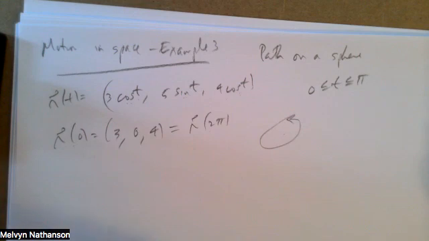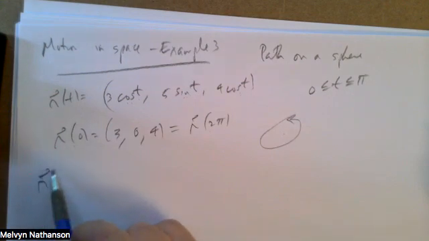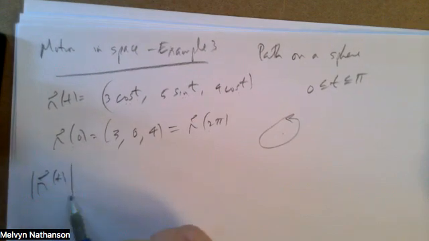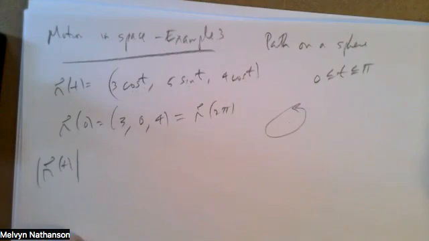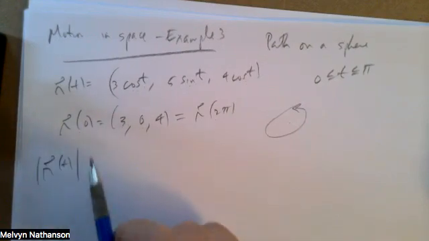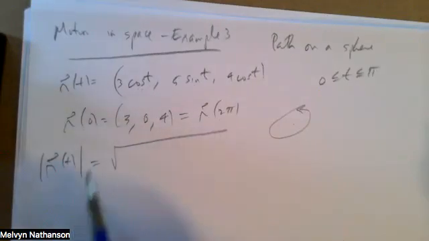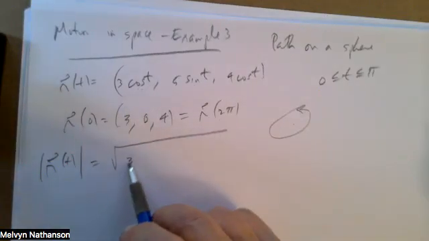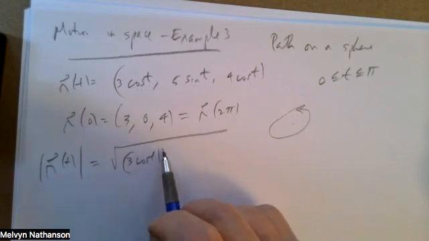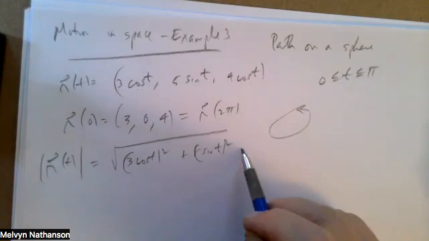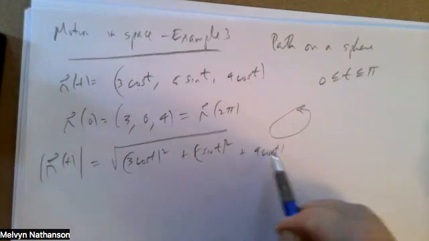Now, at any time t, what is the length of this vector? The length of this vector is going to be equal to the square root of the sum of the squares of the coordinates. 3 cosine t squared plus 5 sine t squared plus 4 cosine t squared.